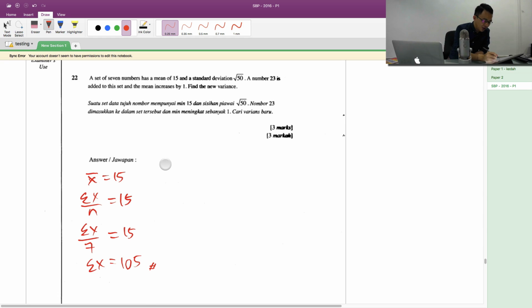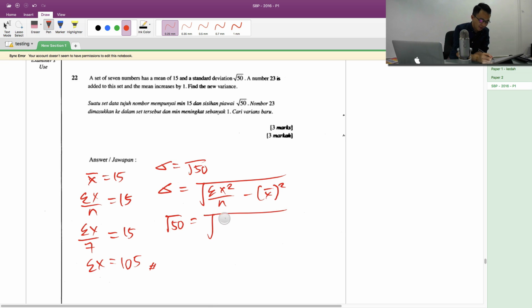And the standard deviation equals square root 50. The standard deviation formula equals square root of sum of x squared over n minus mean squared. So square root 50 equals square root of sum of x squared, which I do not know, over n, which is 7, minus mean 15 squared. I will solve this equation first. Square root and square root I simplify.